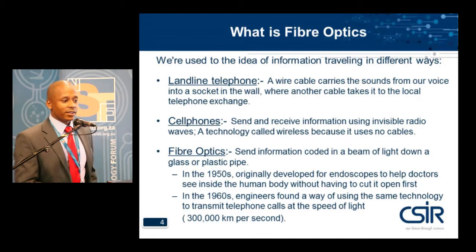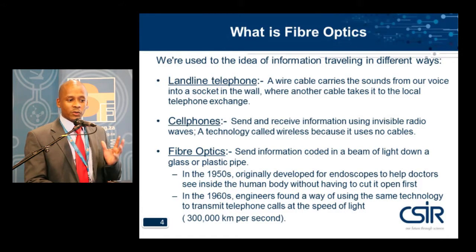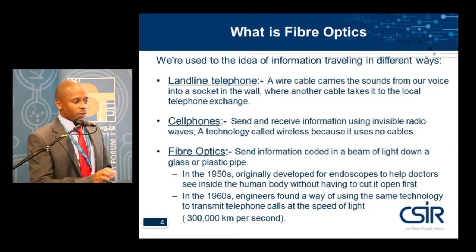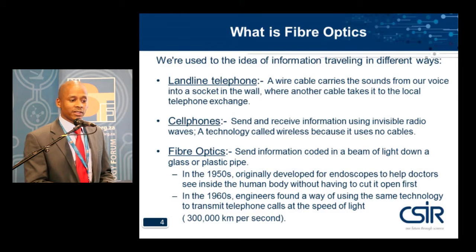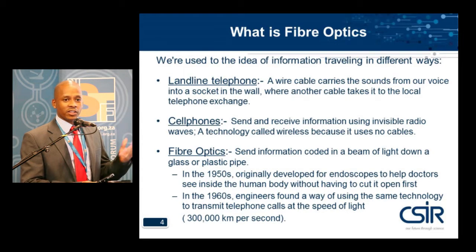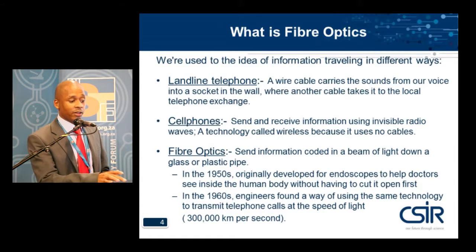We are used to the idea of information traveling in different ways. We have a landline telephone, where a wire cable carries the sounds from our voice into a socket in a wall, where another cable takes it to a local telephone exchange and on to the person at the other end of the phone.